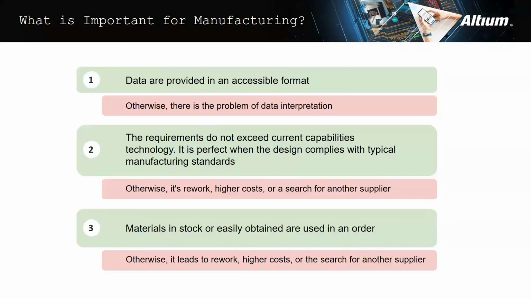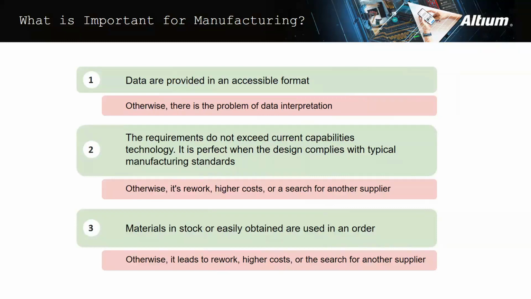If this happens, you are likely to have three options: redesigning the project with relaxed standards, which is not always possible; paying a high production cost because the fabricator has to produce a board outside of their normal process; or searching for another supplier. The most ideal scenario is when you know in advance the fabrication house that will produce the board, and the technical requirements of the design are within the known capabilities of the fabricator.